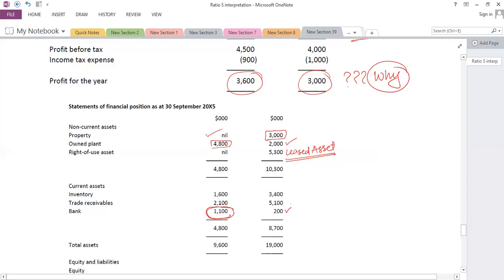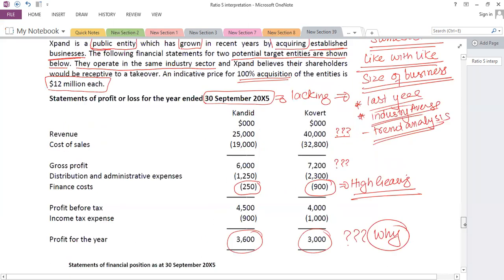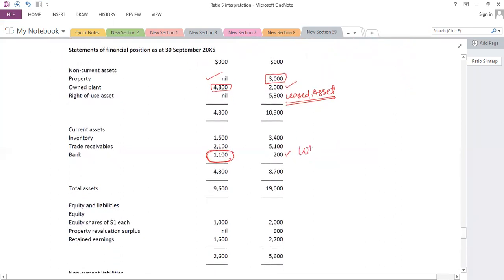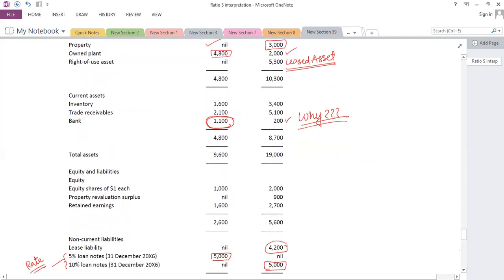Although the revenue, Covert has 40,000 revenue, but in terms of bank balance, it shows that something is different. Why? Ask yourself why there is a change. If you don't have enough information, just write hypothetically what you have learned from the discussion.